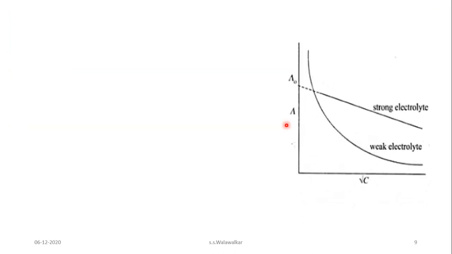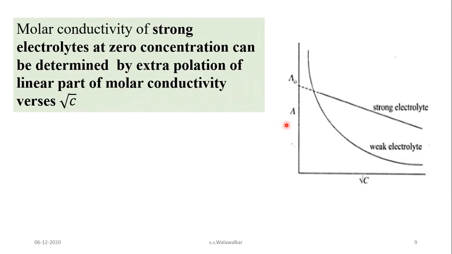So we cannot extrapolate this, and therefore we cannot find out the molar conductivity at zero concentration of weak electrolyte like strong electrolyte. So molar conductivity of strong electrolyte at zero concentration can be determined by extrapolation of the linear part of the molar conductivity versus the square root of the concentration.